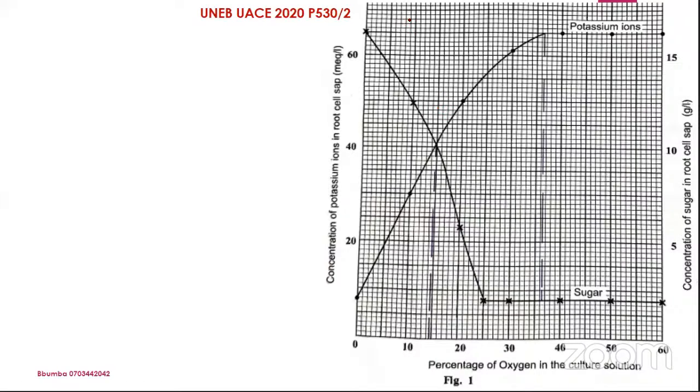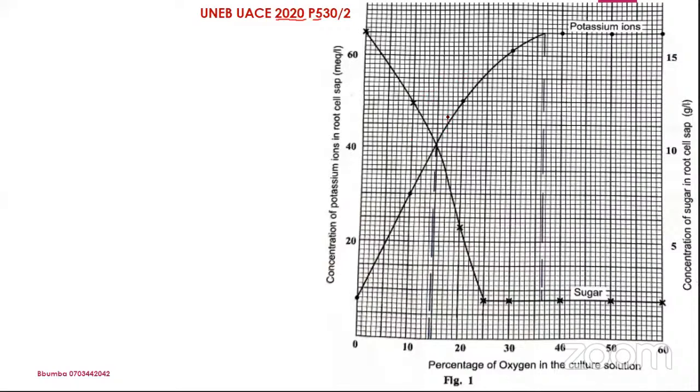Let me first put this down here. This is UNEB, that is Uganda National Examination Board, Uganda Advanced Certificate of Education 2020. These are the guys whose exam you are going to sit. Paper 2, its code is P530/2. This is the question which was brought.